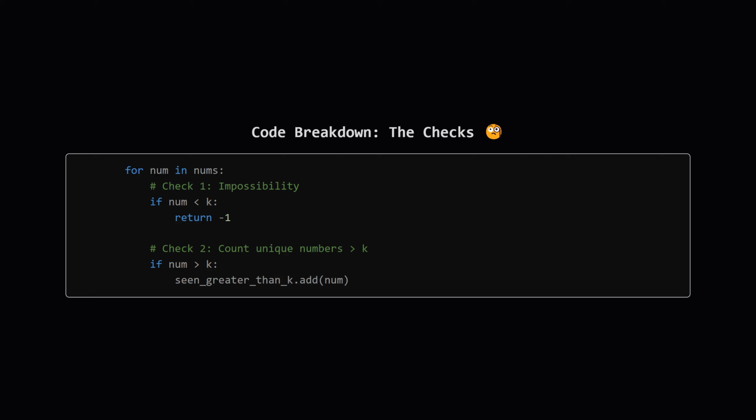If it is, we know it's impossible to reach the goal, so we immediately return -1, and we're done with the function. If the number is not smaller than k, we then ask, is this number greater than k? If it is, it's one of the numbers we need to eventually reduce. So we add it to our seen_greater_than_k set. Adding to a set automatically takes care of duplicates. If we add the same number multiple times, it only gets stored once.